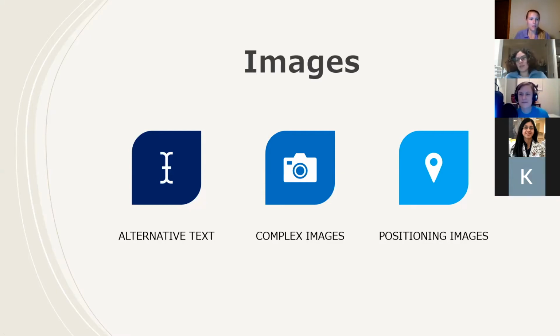That's why it's really important, because if you're someone that has some kind of visual disability or low vision or color blindness, you kind of need that as a supplement. Since you cannot see the image, the screen reader will tell you what that image is and will describe it for you.